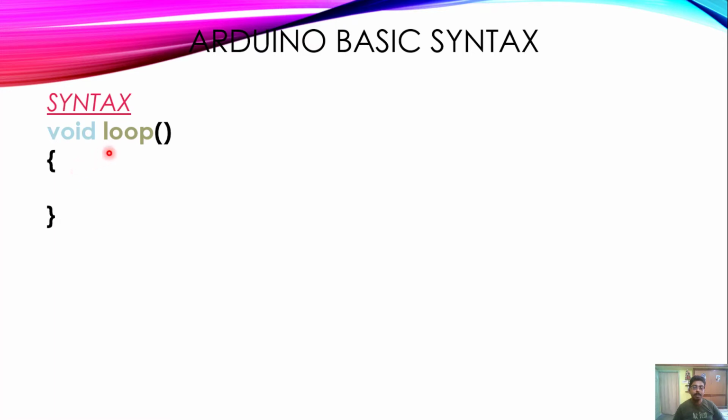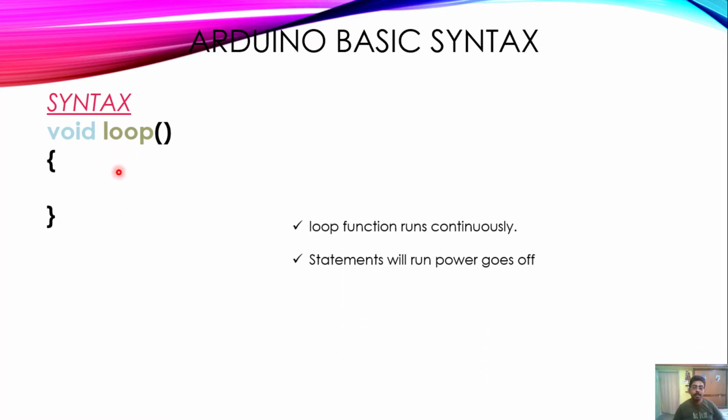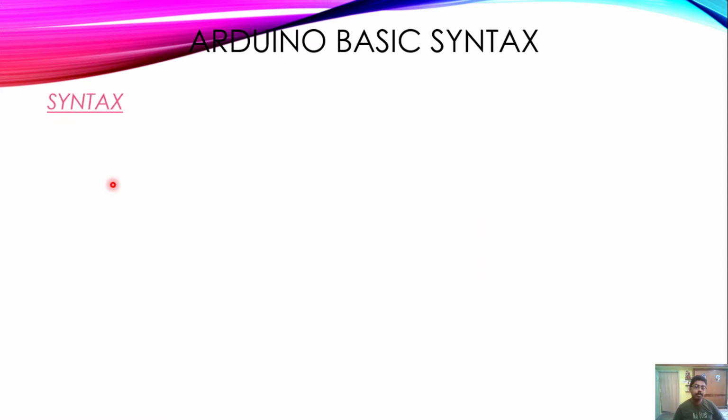And this is the syntax for the void loop function. This loop function will run continuously until the power goes off. If you put some statements into this function, it will run the statements until the Arduino is unplugged from the supply.